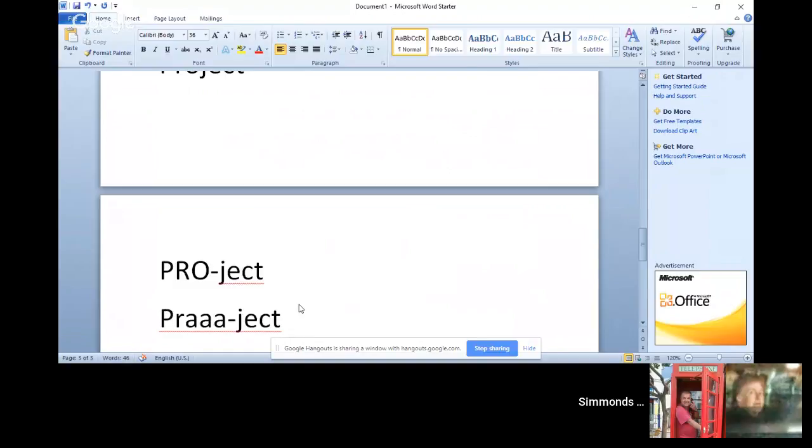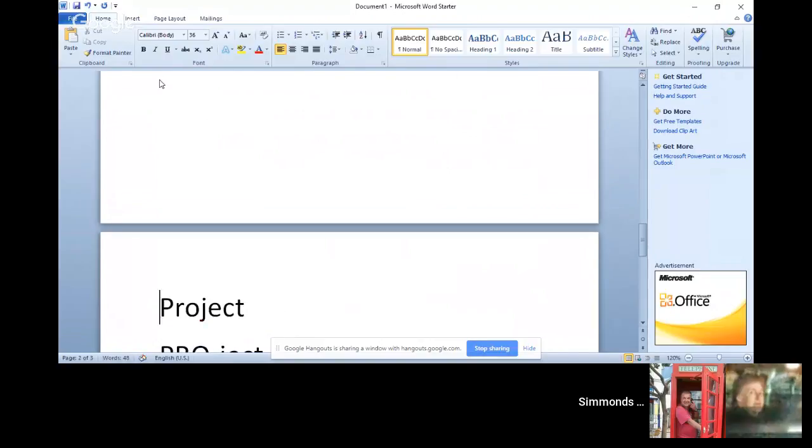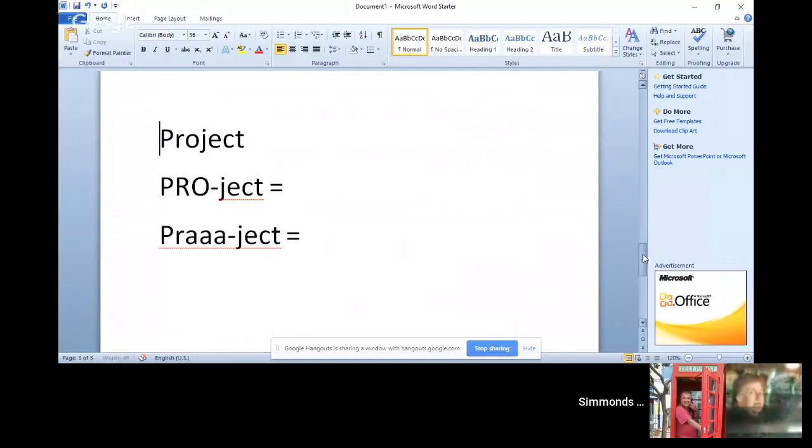Project. I don't know how I want to write that. There are differences with pronunciation here. Project or project? How do you recognize this word? What could be a synonym for this word?